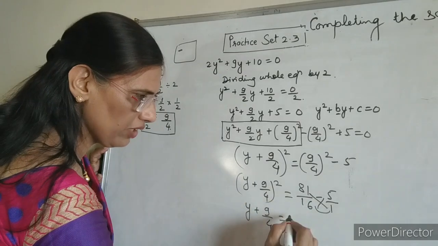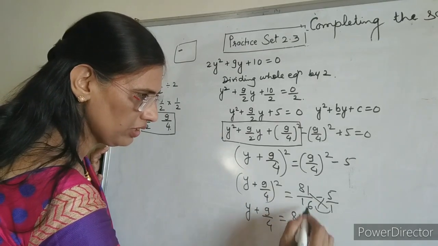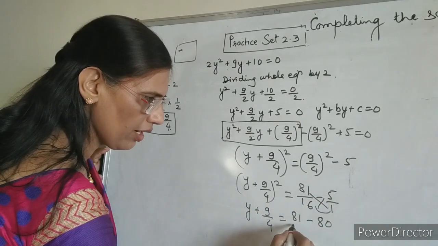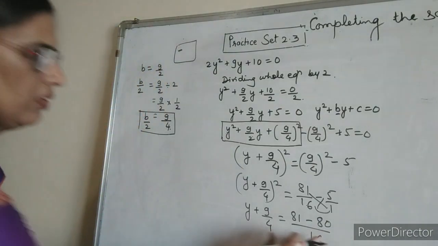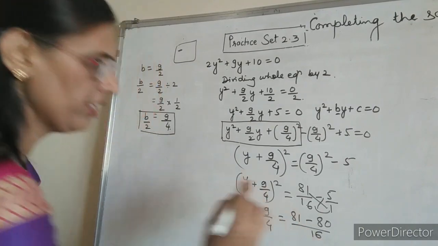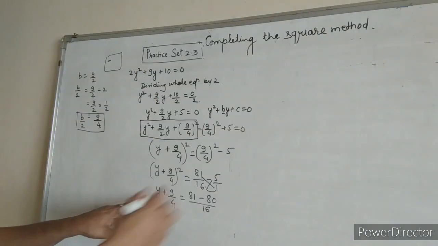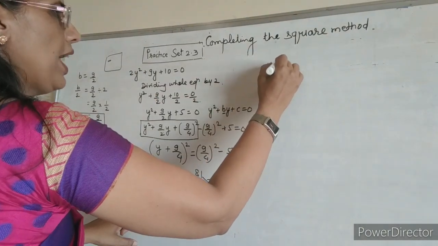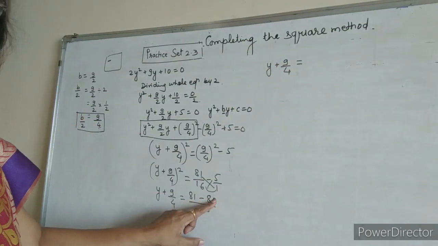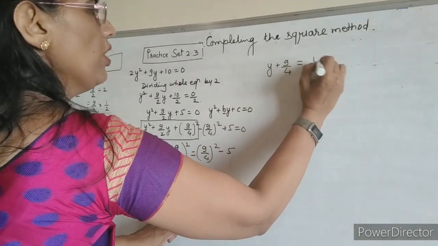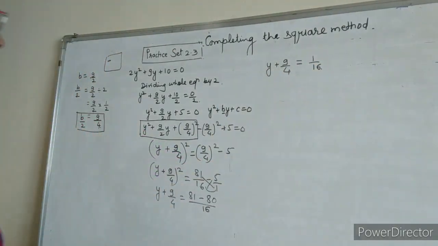We get y plus 9 upon 4 whole square is equal to 81 minus 5 times 16, that is 80, upon 16. That is y plus 9 upon 4 equals 81 minus 80, that is 1, upon 16.